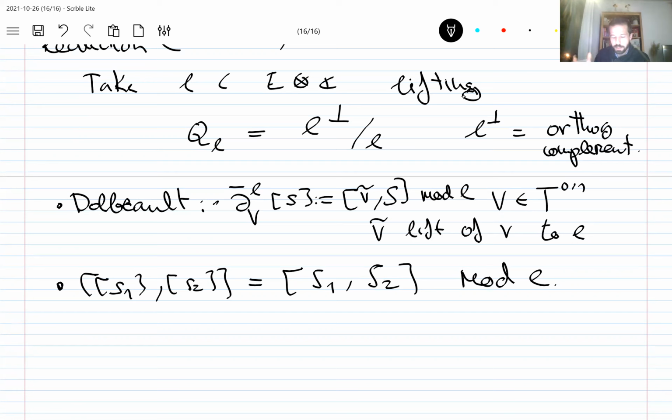So this is just the formal definition of this reduction. Let me give you an actual reduction in more explicit terms.